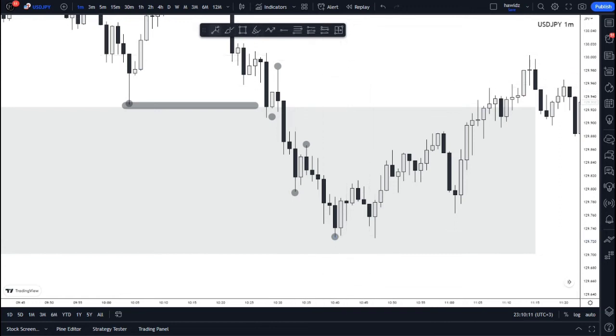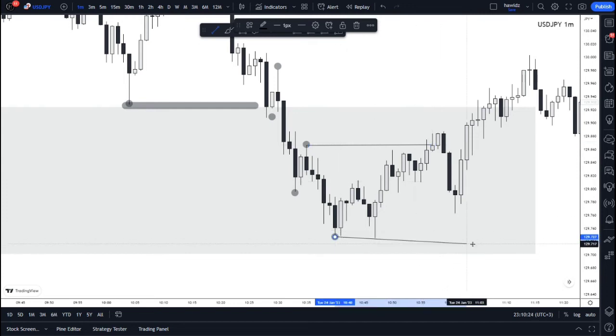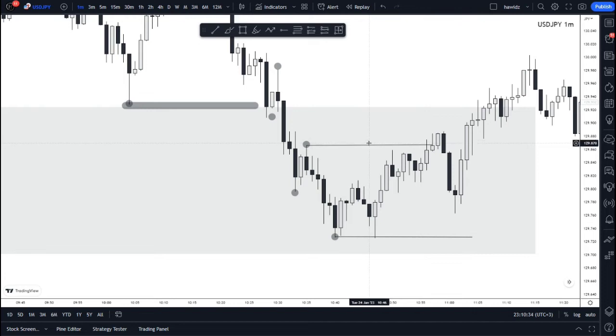Now, from here, all we're doing is ranging, right? So we're particularly ranging from that high to this low, and all we need to see is a clear break of structure, and that break should be by a body of a candle, right?